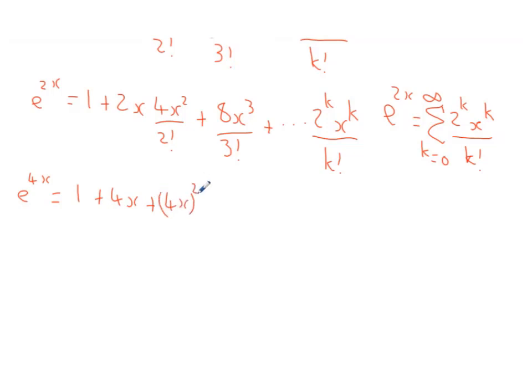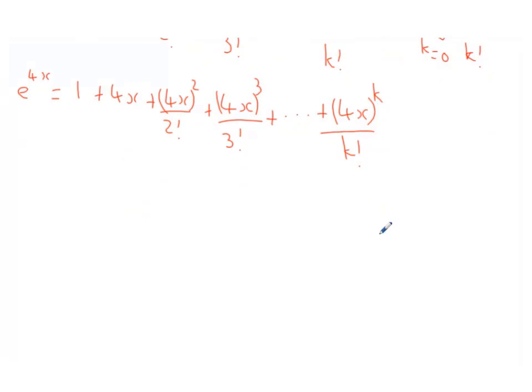4x squared over 2 factorial plus 4x cubed over 3 factorial plus dot dot dot plus 4x to the k over k factorial. Might just expand that a little bit, potentially not necessary, but I'll do it anyway.